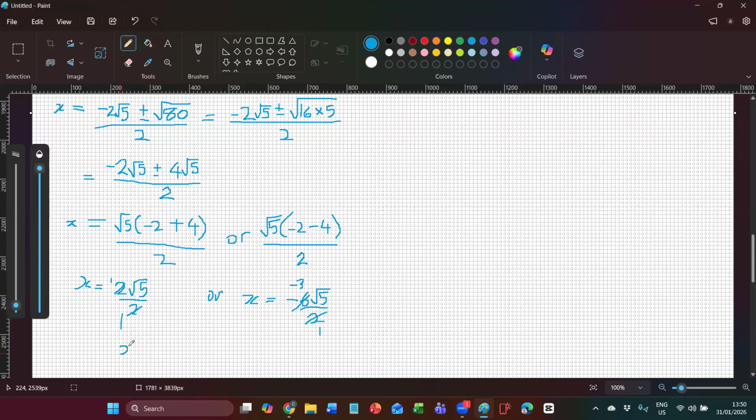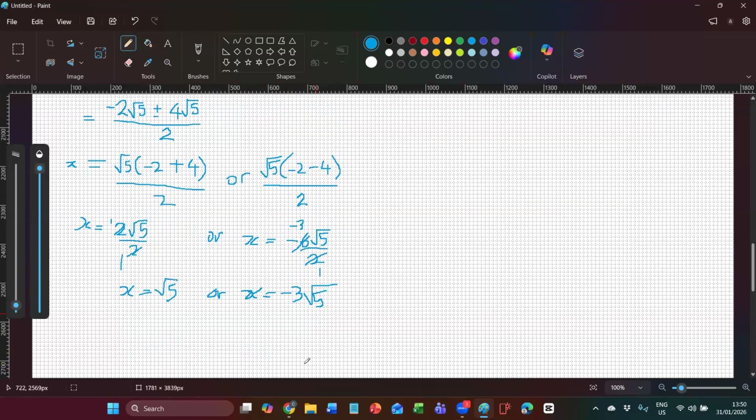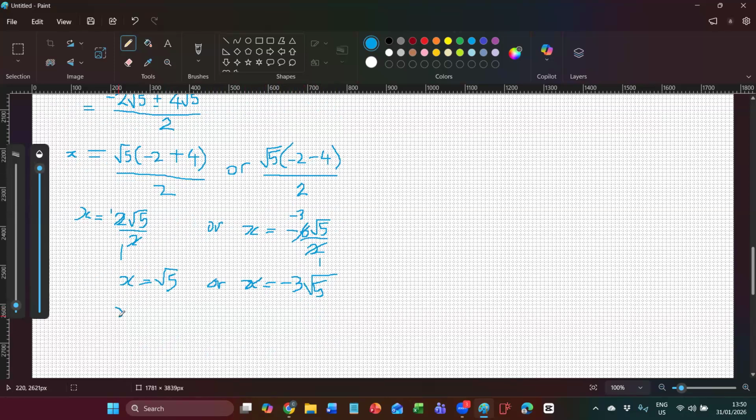And we have that x equals square root of 5, or x equals minus 3 square root of 5. And of course, if you now move things to the other side, from the right hand side to the left hand side, we'll simply have that x minus square root of 5 would have been inside the first bracket.